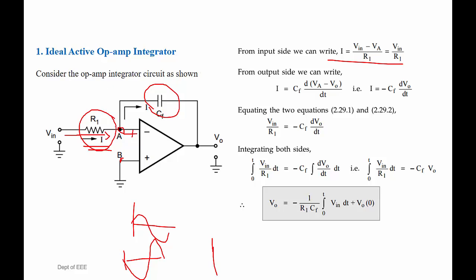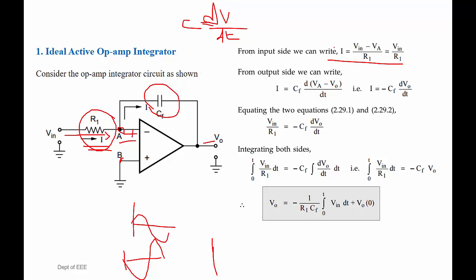And for the output side, you get VA minus V naught, which is the potential across this capacitor. Normally, the current flowing through the capacitor is given by I equal to C into dV by dt.